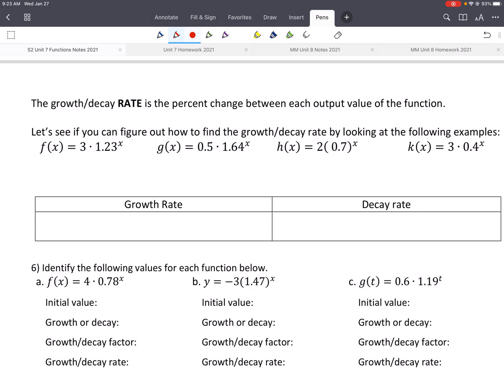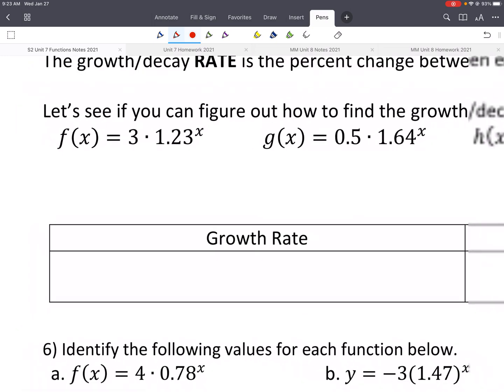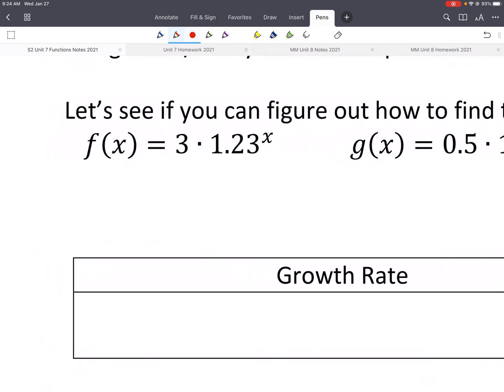We have these problems. I'm going to write down what the growth or decay rate is, and you're going to see if you can come up with the pattern. So this is going to be growth. The growth rate for this one is 23%.